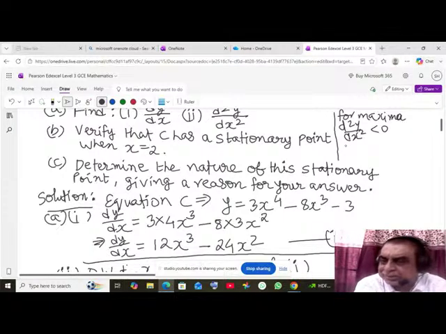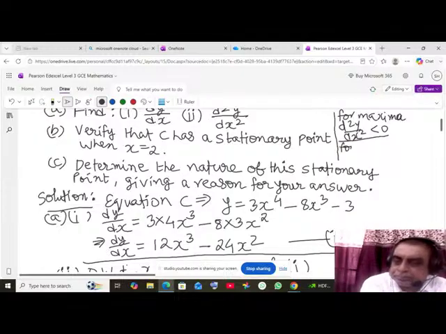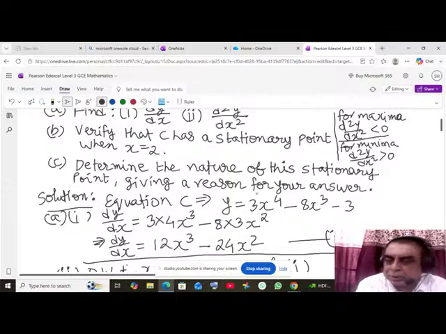You will put that x coordinate in the expression of d squared y by dx squared, and if the value of d squared y by dx squared becomes less than 0, it is a point of maxima. And for minima, the d squared y by dx squared value becomes greater than 0 for that stationary point.